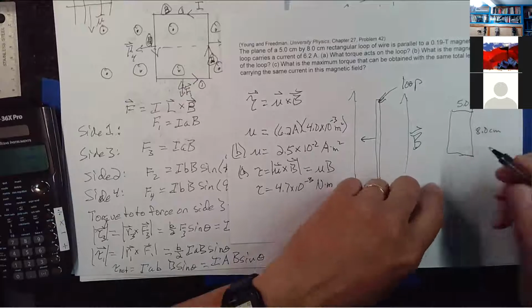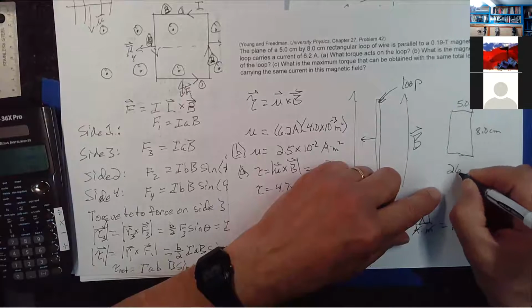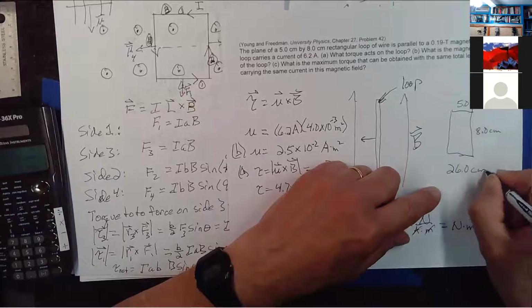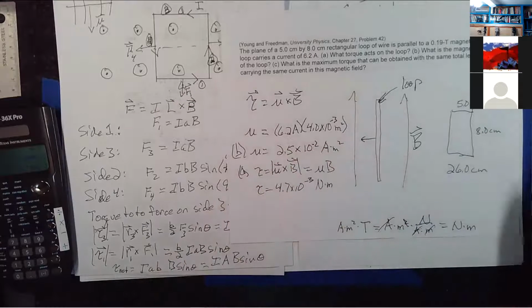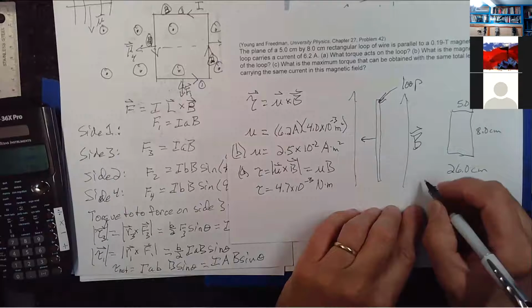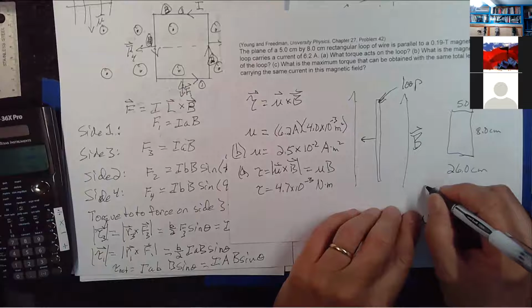You've got 26 centimeters of wire. And so let's see, if it was a square, it would be 6.5 centimeters, or 6 centimeters on a side.